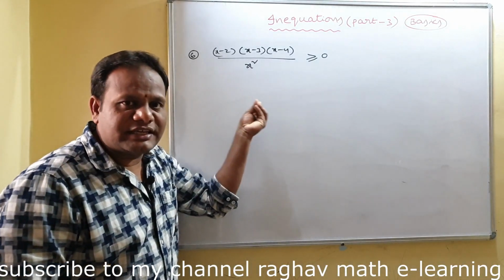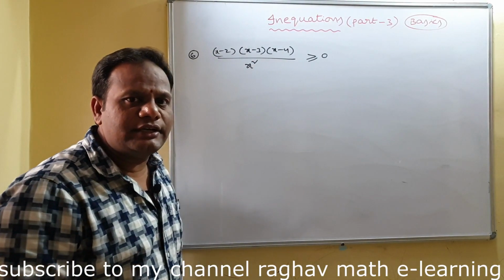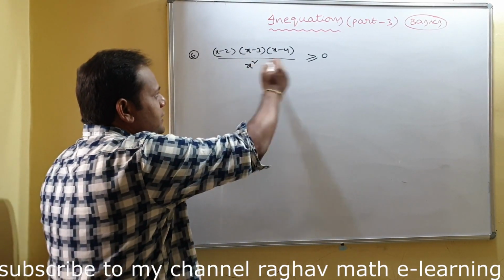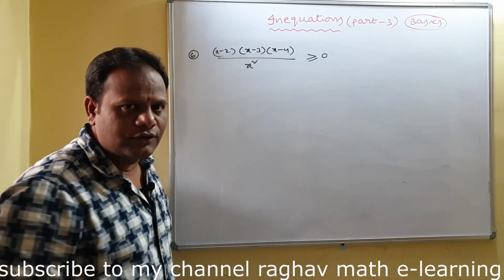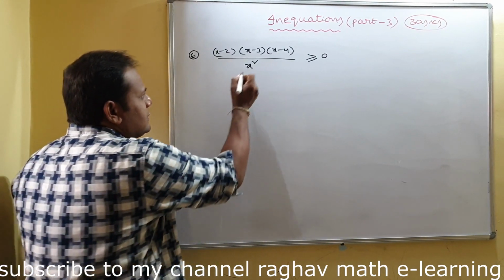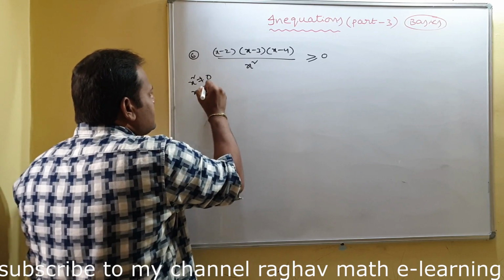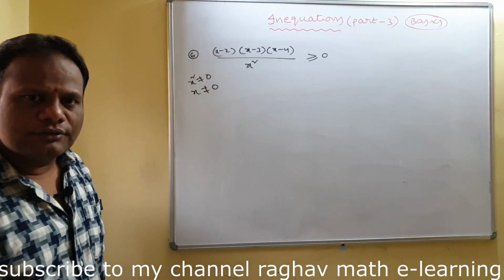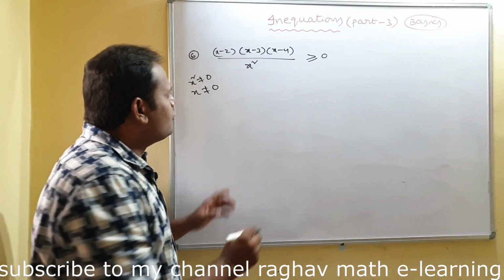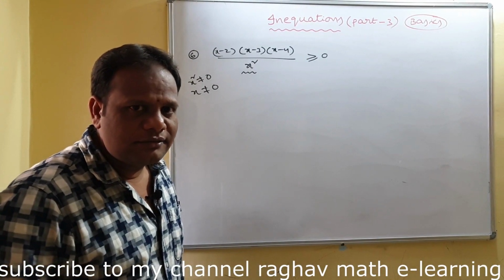Coming to the next example, solve x minus 2 into x minus 3 into x minus 4 by x square greater than or equal to 0. Here the first point is that the denominator must be not equal to 0, meaning x not equal to 0. Now you tell, can we do cross multiplication?